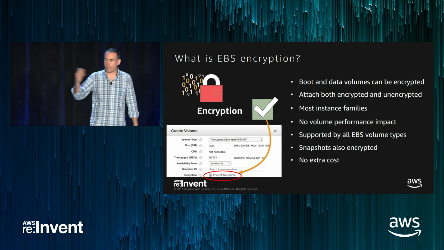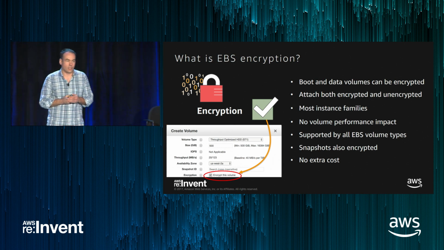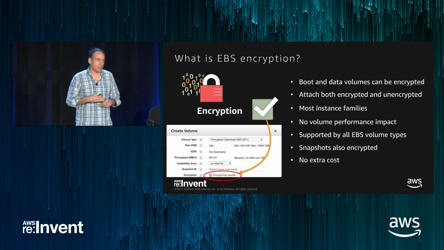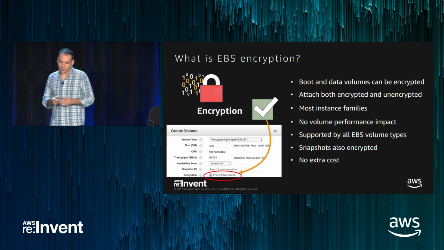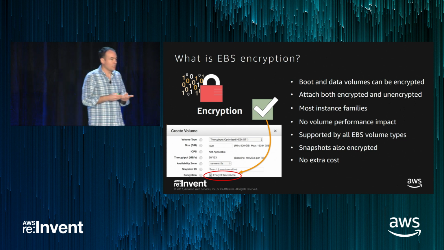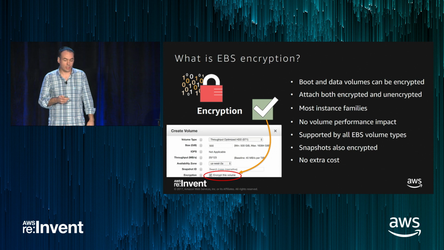Well, if you follow the trail and the story that Peter talked about on Tuesday, and Anthony and Matt talked about yesterday, we've been offloading cryptographic operations for a long time in EC2. All the cryptographic operations are done in hardware offload. There's a performance benefit because we don't have to use CPU for that, but there's also a security benefit because it's not software that we wrote that's touching it.